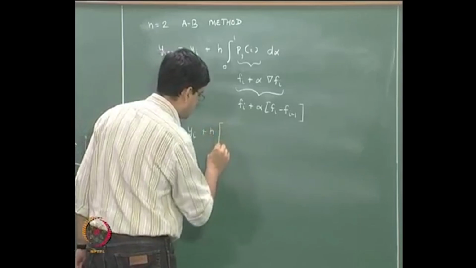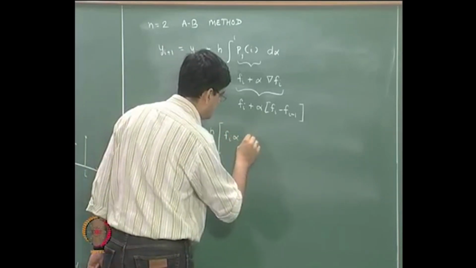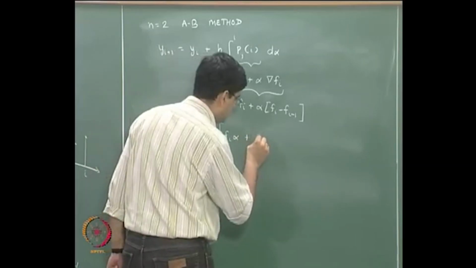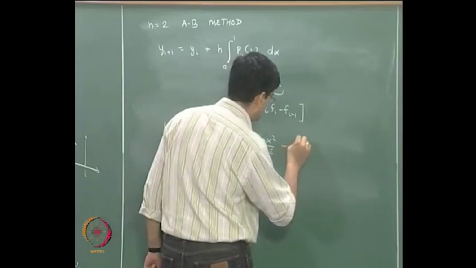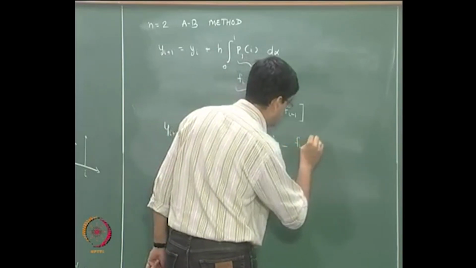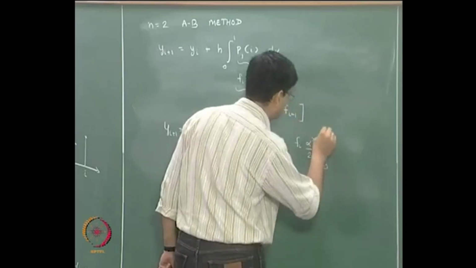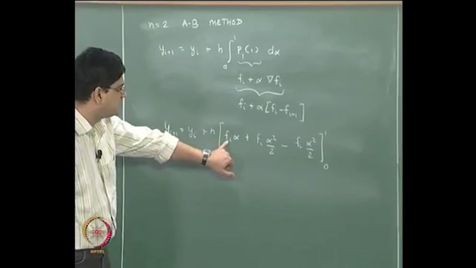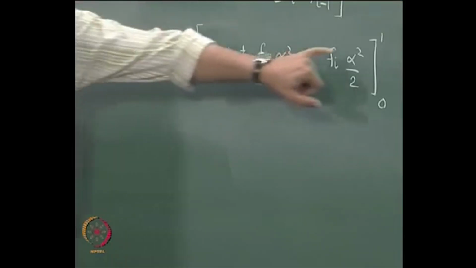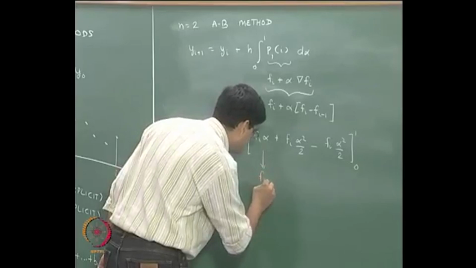So, we substitute this over here and integrate, we will get y i plus 1 equal to y i plus h multiplied by fi alpha plus fi multiplied by alpha square by 2 minus fi minus 1 multiplied by alpha square by 2, going from 0 to 1, okay. So, this will reduce to fi multiplied by 1 minus 0, which is going to be fi.